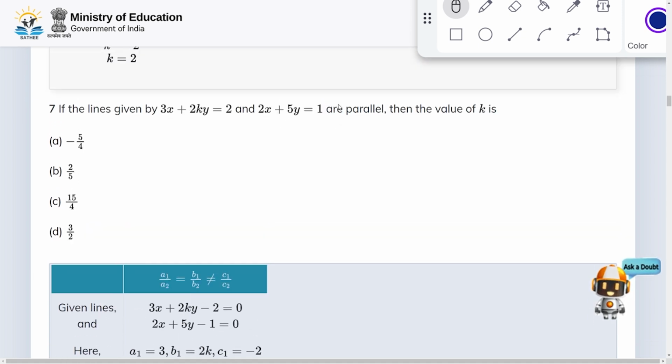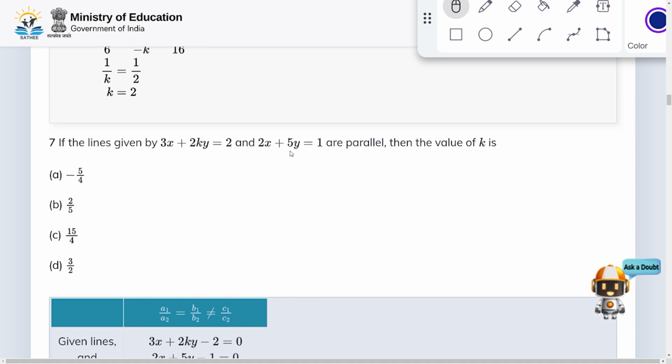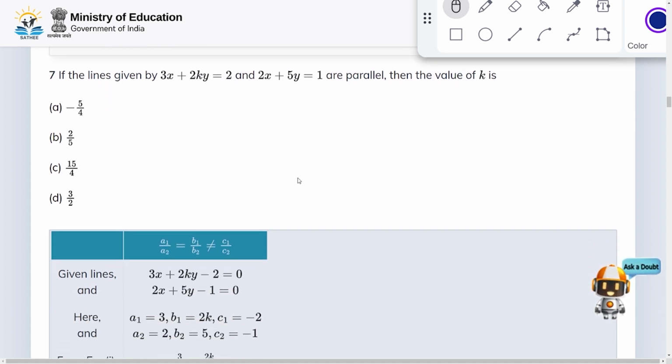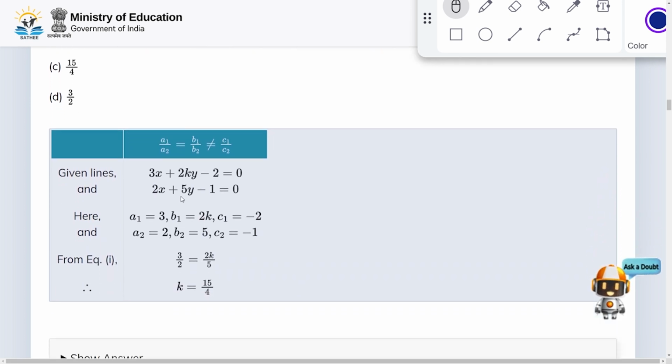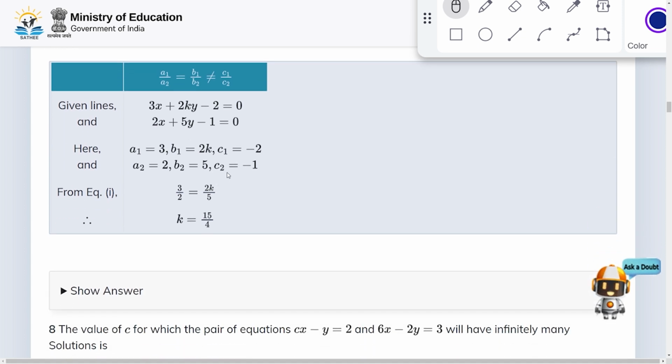Now if we compare this pair of linear equations with the general form A1x plus B1y plus C1 is equal to 0 and A2x plus B2y plus C2 is equal to 0, then here A1 is 3, B1 is equal to 2k and C1 is equal to minus 2. Okay, and here A2 is equal to 2, B2 is equal to 5 and C2 is equal to minus 1.